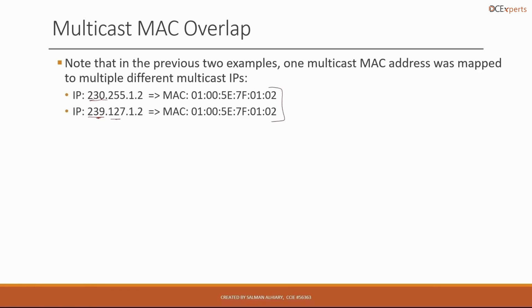Because the fixed bit number 25 is always 0. Here it is 0, 1, 1, 1, 1, 1, 1, 1, right? And here it is 1, 1, 1, 1, 1, 1, 1, 1. So this bit here always maps to 0, which makes these two IP addresses very similar to each other.